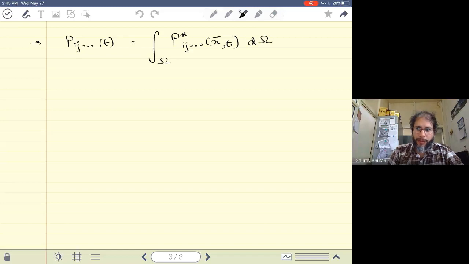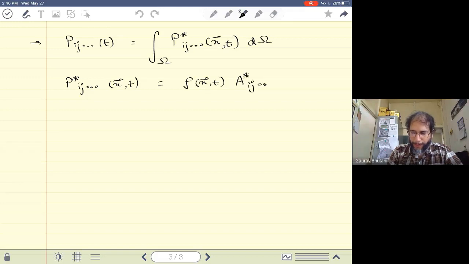So P star, as you can see, is the property P per unit volume. Sometimes we have properties per unit mass. So we will write P star, which of course is a function of x and t, as a product of the density times a property A star, which is also a function of x and t. Sorry, A star in this case is the property per unit mass.